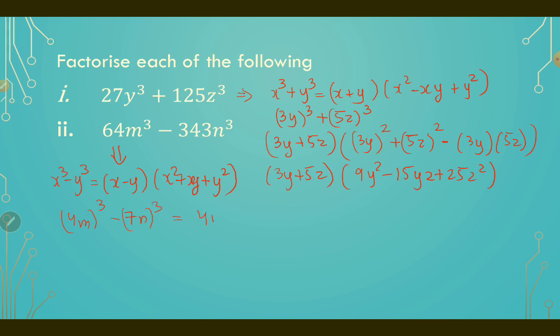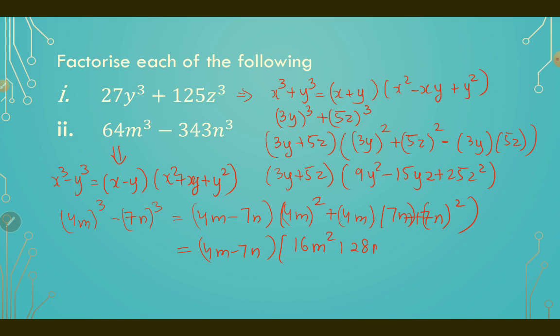That's nothing but 4m minus 7n into 4m the whole square plus 4m into 7n plus 7n the whole square. That's nothing but 4m minus 7n into 16m square plus 28mn plus 49n square.